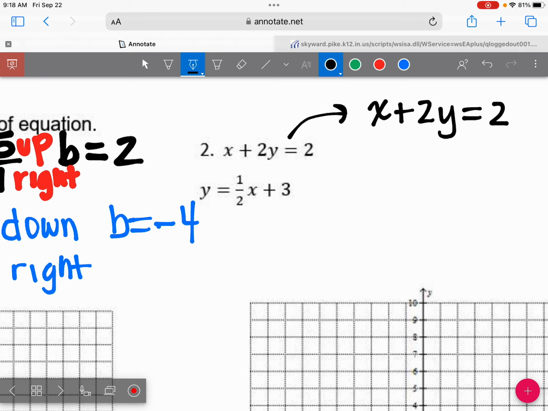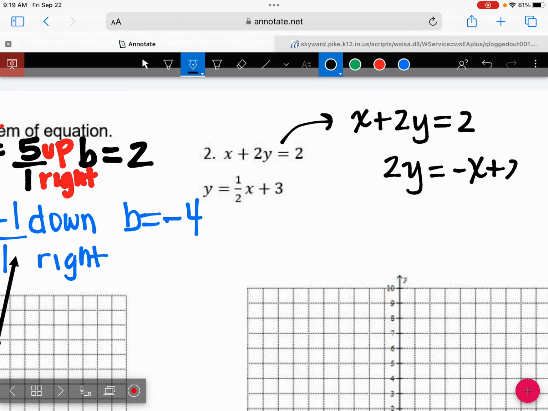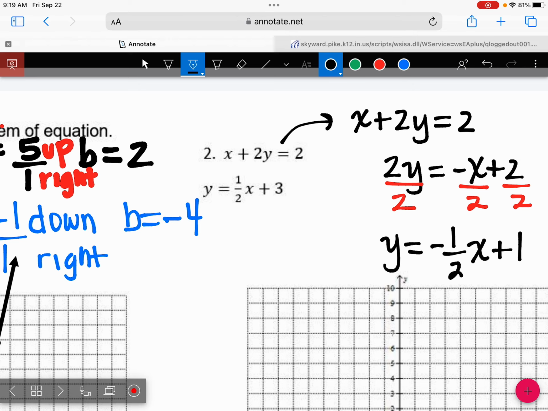So in order to solve this for y, I would start by subtracting the x. And then divide everything by 2. So your equation would be y equals -1/2 x plus 1.